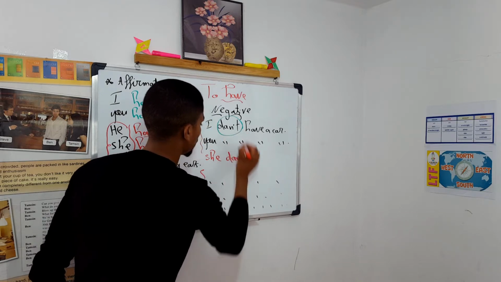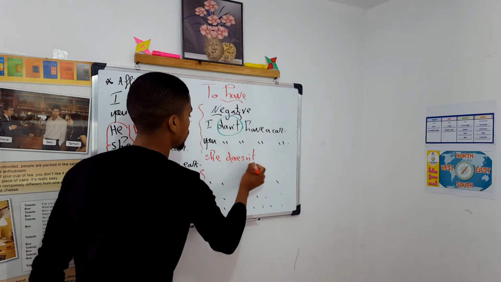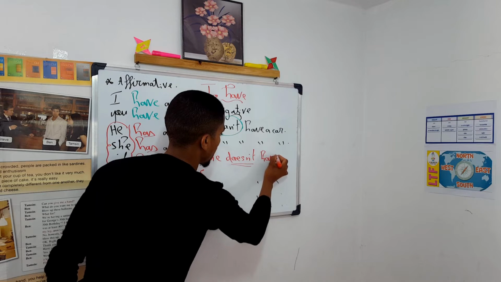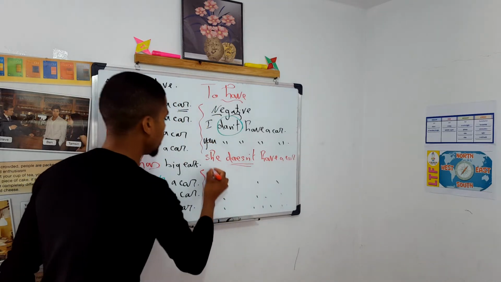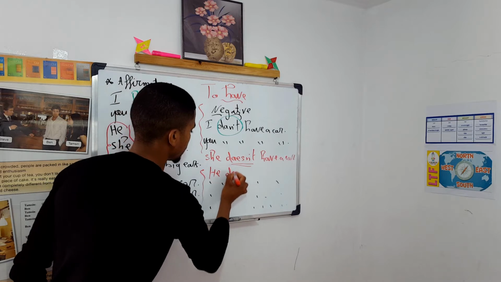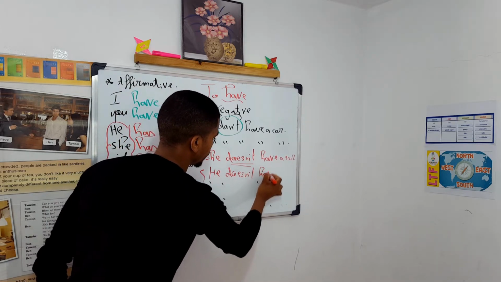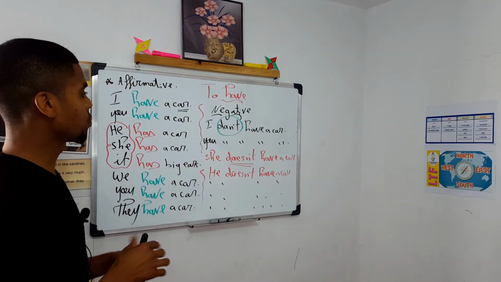Instead of don't we write doesn't. He doesn't have or she doesn't have a car. Or he doesn't have a car. Okay, this is how it works when it comes to negative.